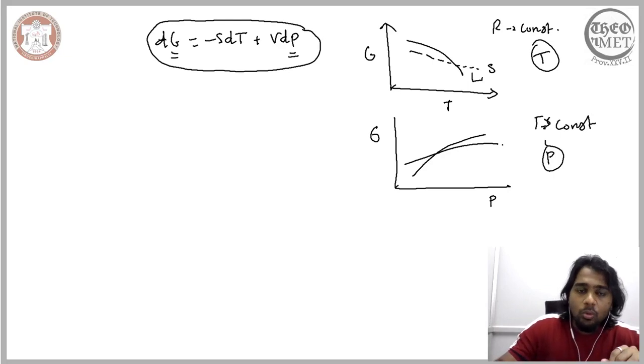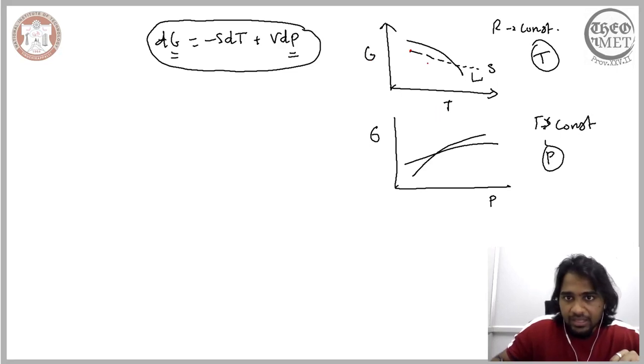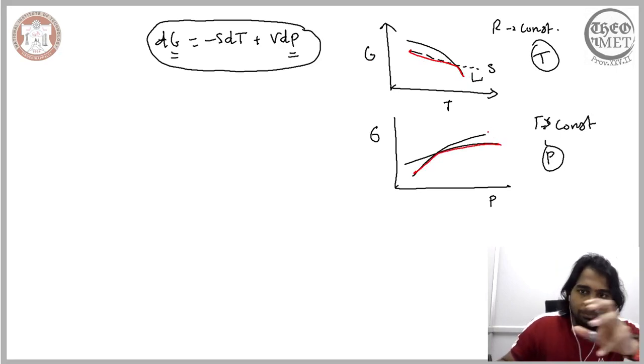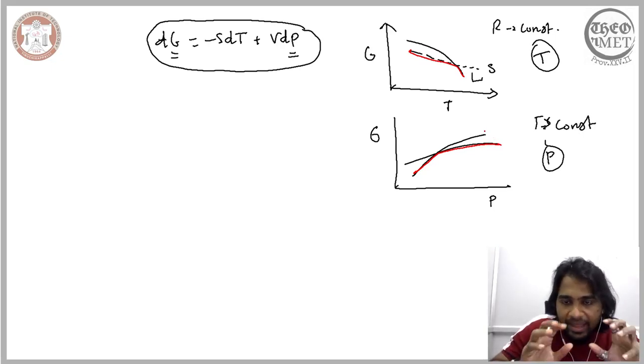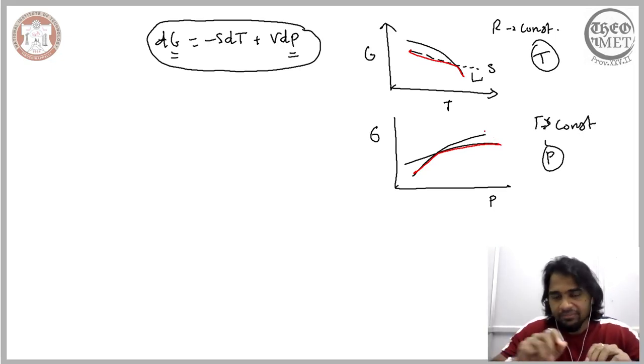So when we track the sections of these curves that assume the lowest free energy, we were able to arrive at a curve that dictates which phase would be stable at a given temperature or at a given pressure.